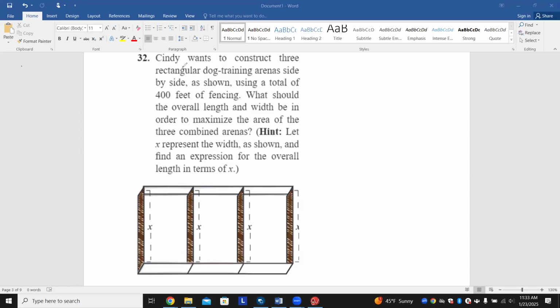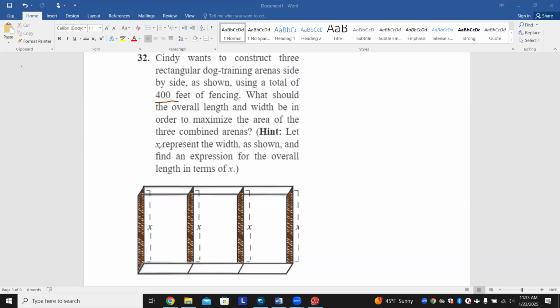All right, so on 32, it says Cindy wants to construct 3 rectangular dog training arenas side by side as shown, using a total of 400 feet of fencing. What would be the overall length and width be in order to maximize the area of the 3 combined arenas?